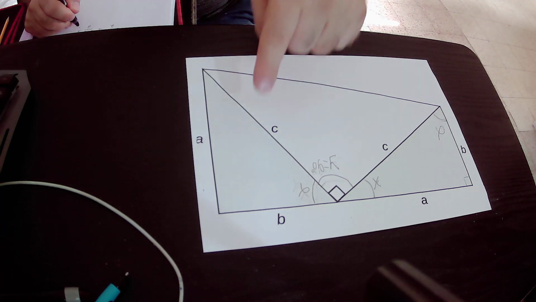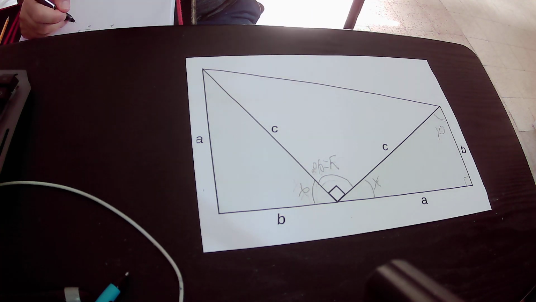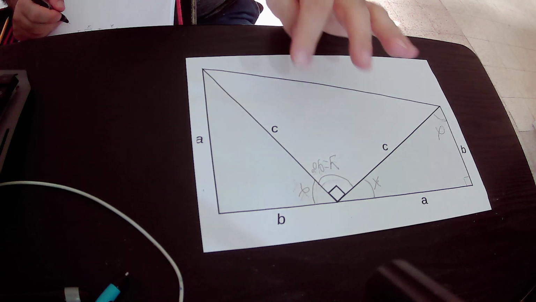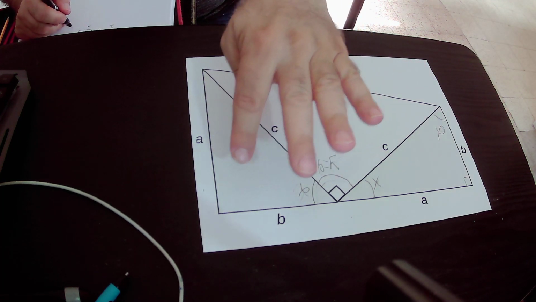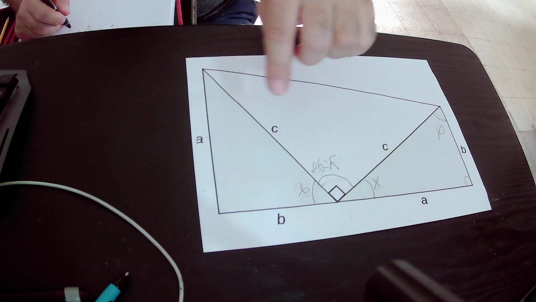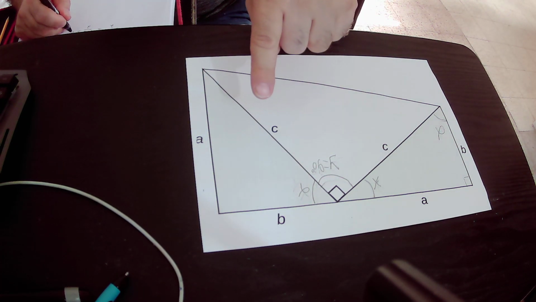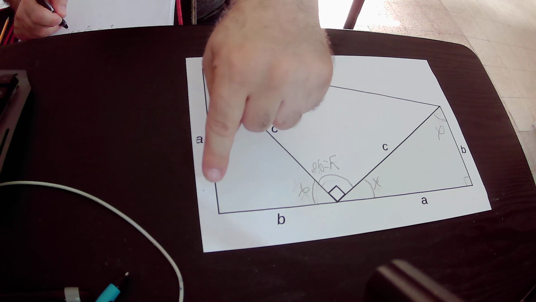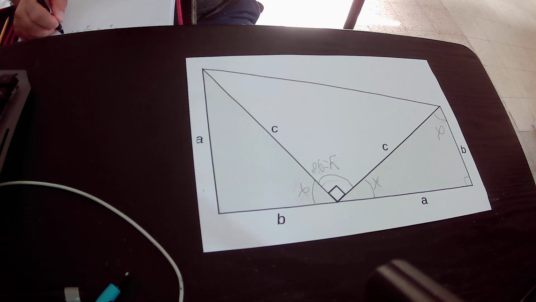And the area of the left triangle is also the base times the height to this base. The base is B, the height to this base is A, all divided by 2. So the area of the left triangle is B times A divided by 2.